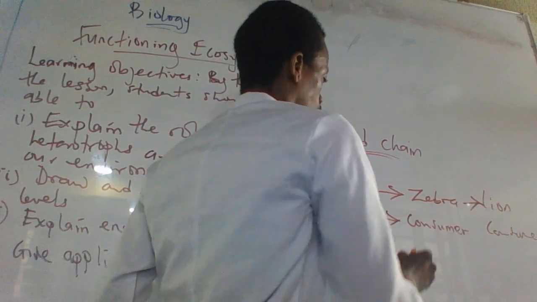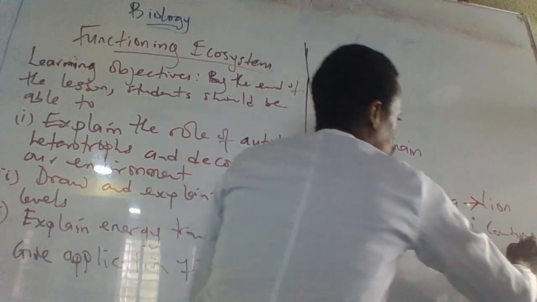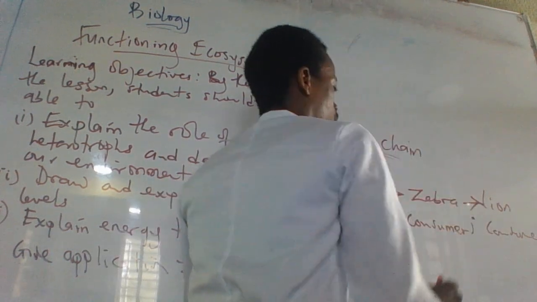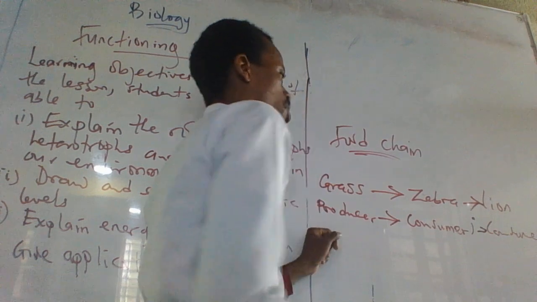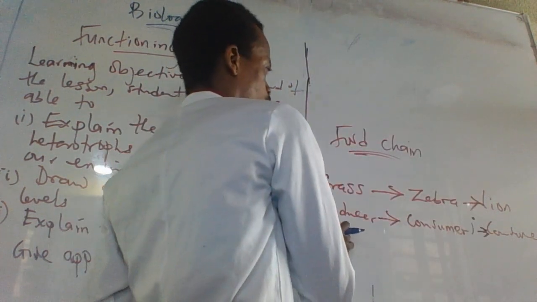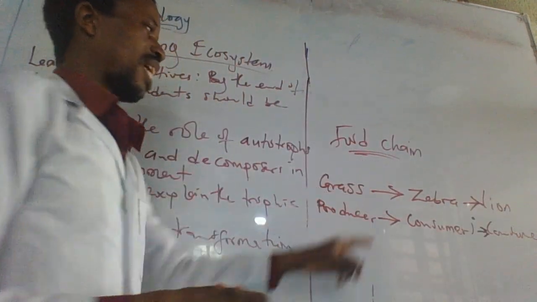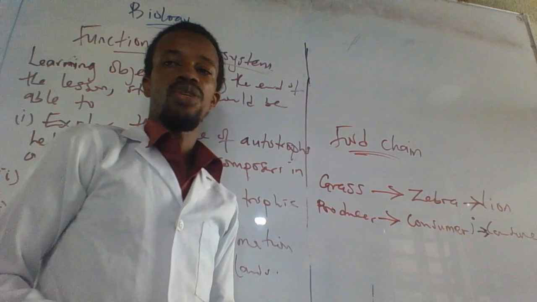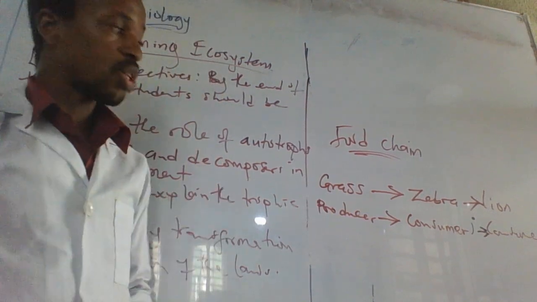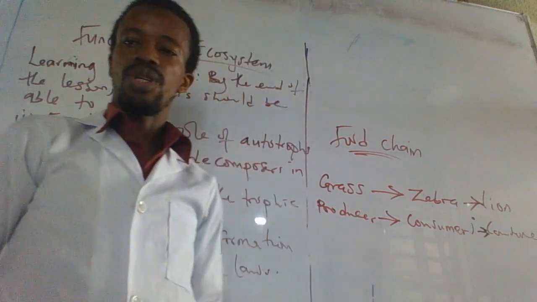You can call this one consumer 1, consumer 2. So autotrophs, heterotrophs, and the one that depends on the other one. So you can call this one the primary consumer and this one the secondary consumer.